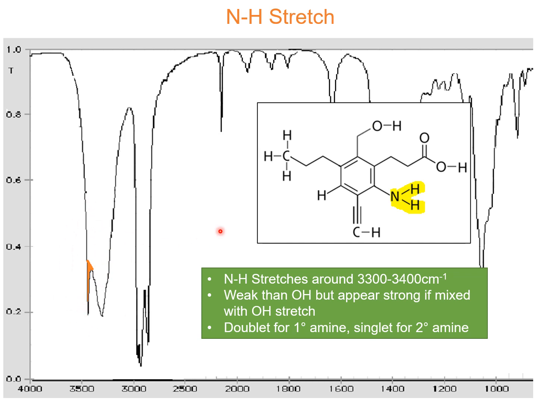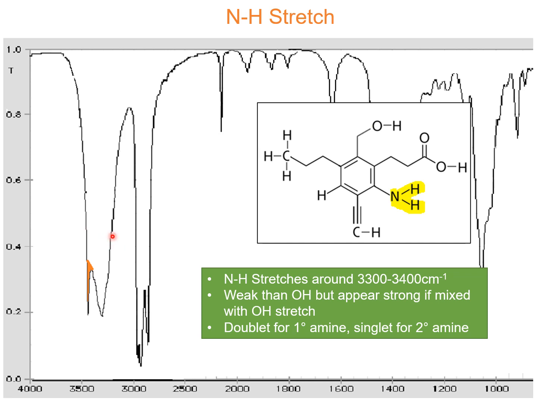And there is very easy interpretation of whether it's a primary, secondary or tertiary amine, because of the NH stretch. In a primary amine, we know it is NH2, like in this example. So if it is a primary amine having two NH stretches, we will have a doublet, meaning two peaks.